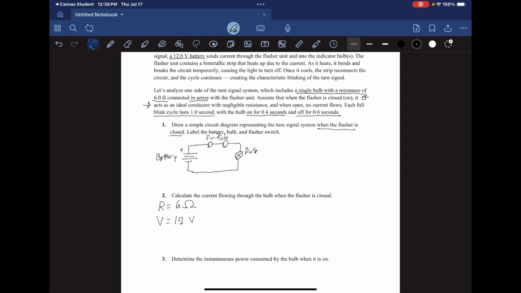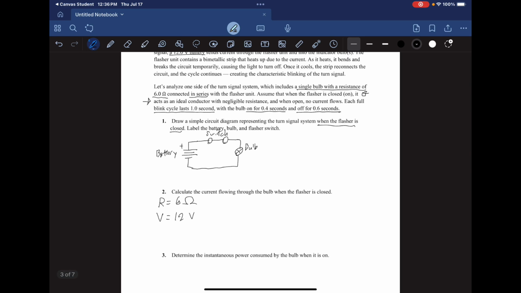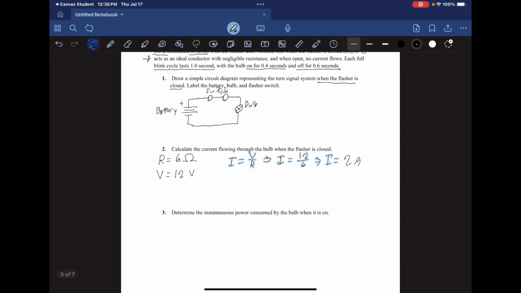I can use Ohm's law and rearrange it. So we know that I equals V over R, and this is just from Ohm's law. So I equals 12 divided by 6, which is 2 amps of current flowing through the bulb when the flasher is closed.